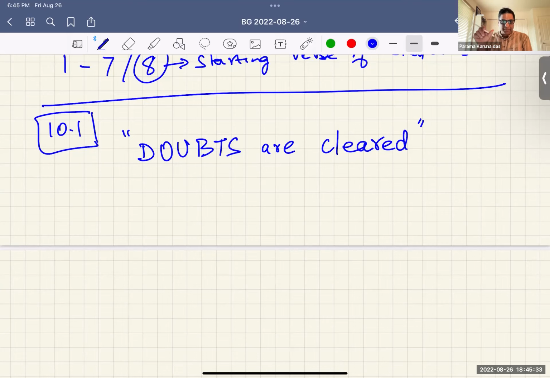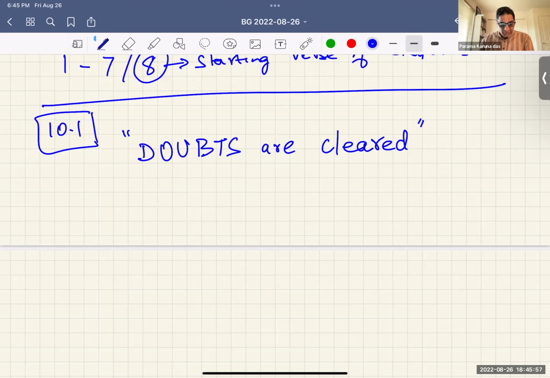Kamya means something that you want or something that you desire. Hita Kamyaya means for your benefit. So because you desire your benefit of understanding, I am going to explain this or summarize this, clearing any doubts that may be remaining.